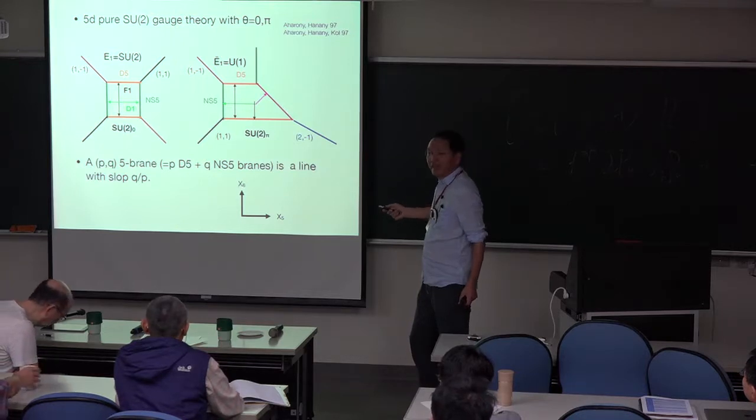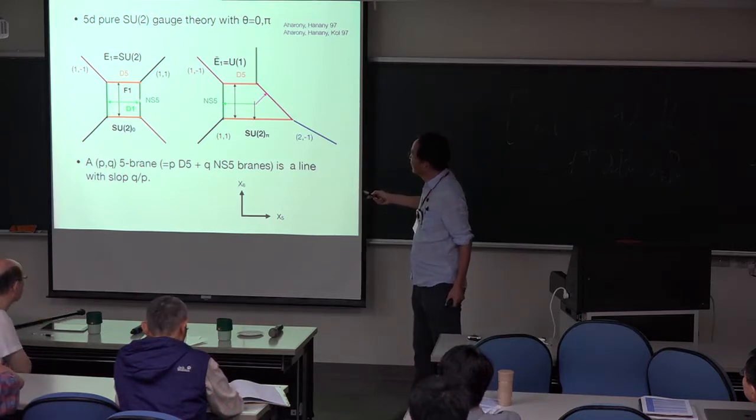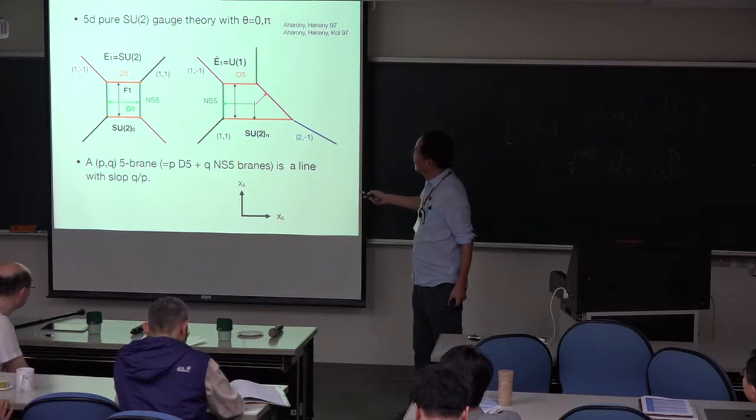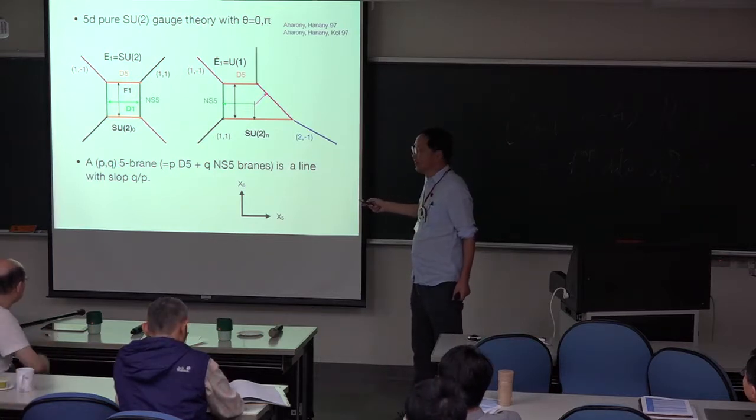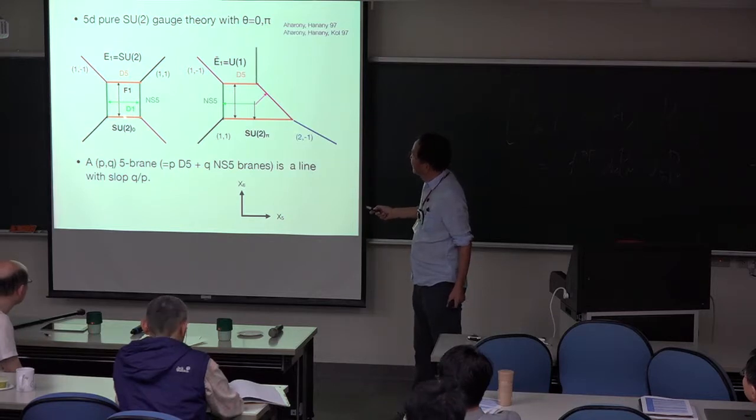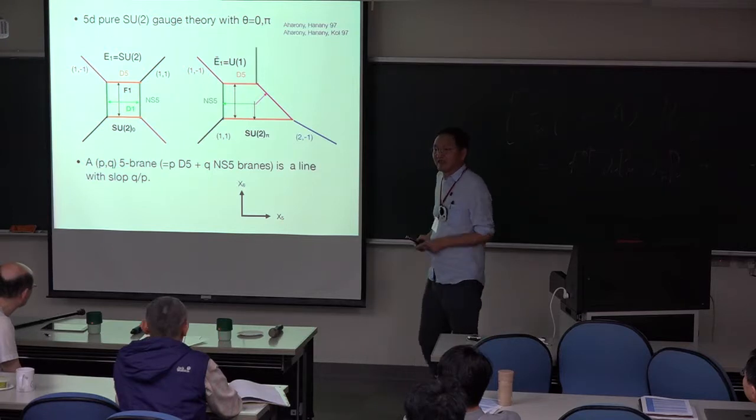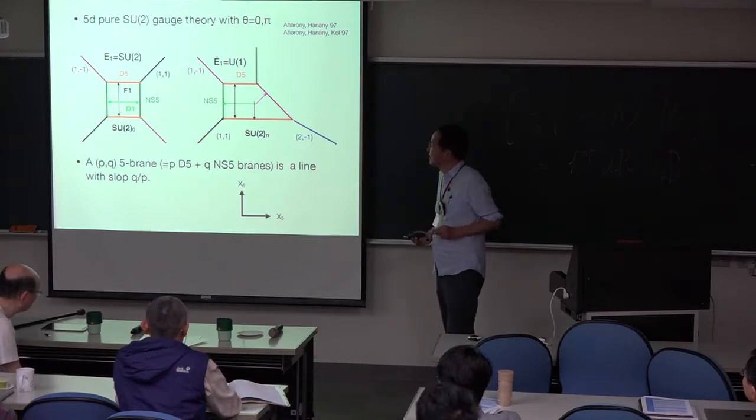And if you make an S transformation, then you are basically extending the NS5 brane to D5 branes, which is extending W bosons to instantons. And that's why this theory has a global symmetry SU(2), where the SU(2) symmetry is basically extending W bosons and instantons.